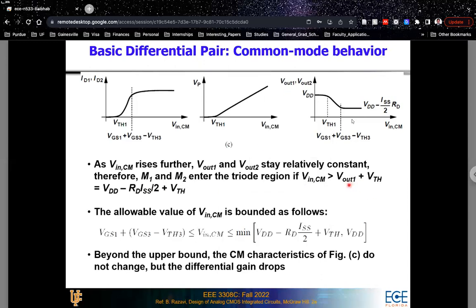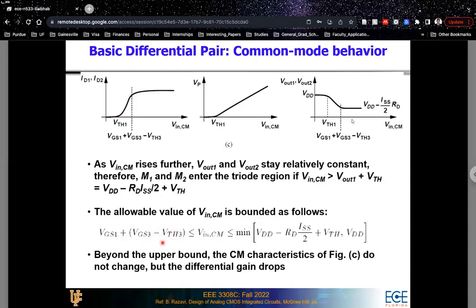Okay, now as you already know your Vout1, you can represent that Vout1 as VDD minus RD ISS over 2 plus VTH. So that's your condition, that Vin,CM has to be less than VDD minus RD ISS over 2 plus VTH. So the total allowable value of Vin,CM is within some boundary, that the common mode input voltage, the minimum value of that can be VGS1 plus VGS3 minus VTH3.